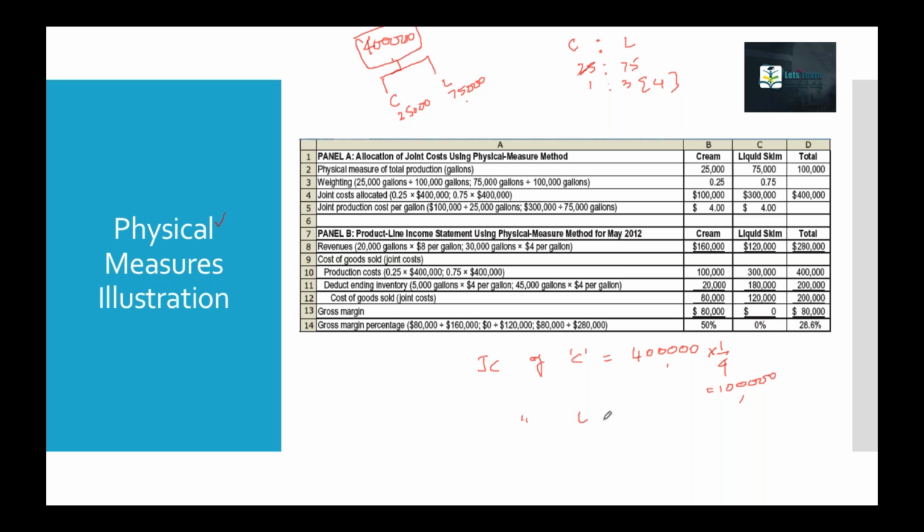Joint cost of liquid equals 400,000 times 3 over 4, 300,000. Just to cross check, if you add the costs of these two, it will give you 400,000. Now if you want to calculate the per unit value, again 100,000 divided by the 25,000 gallons you received, $4 per unit, and here 300,000 divided by 75,000 will give you $4 per unit. You can do it that way.